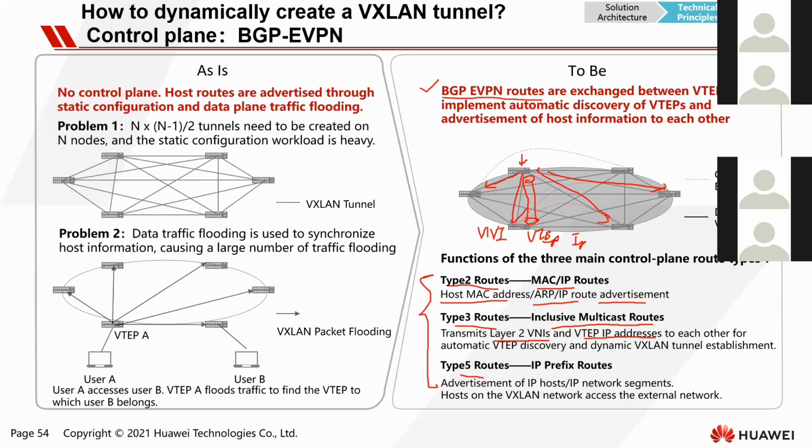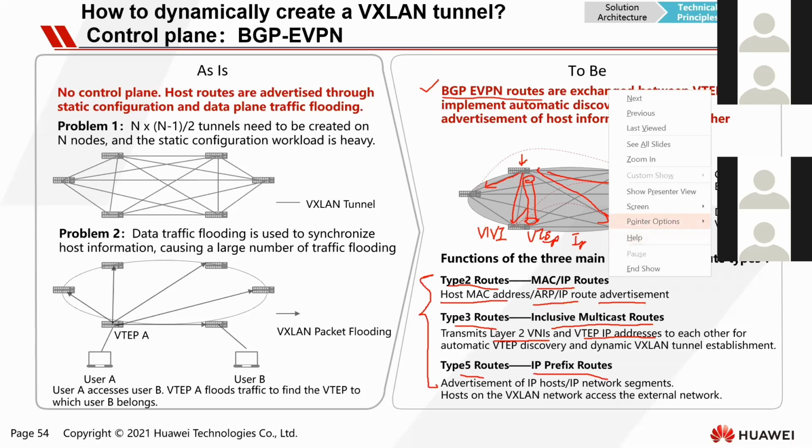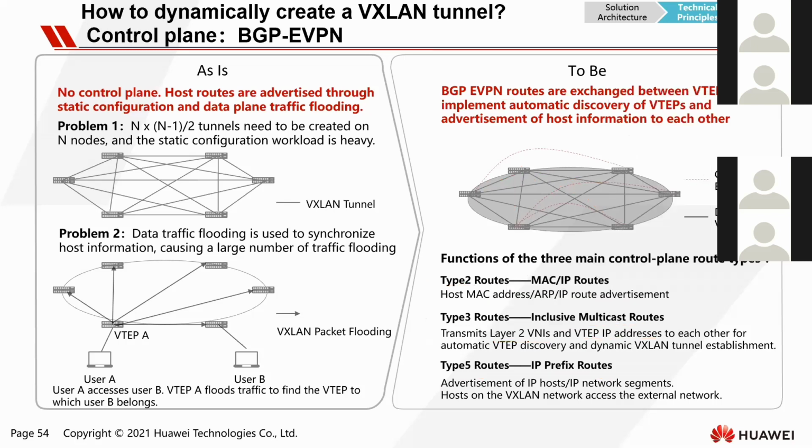The last type of route that we have here is the IP prefix routes. Basically, the IP prefix routes are used to advertise the IP host and IP network segment to an external network. For example, maybe we have one switch connecting to another network.